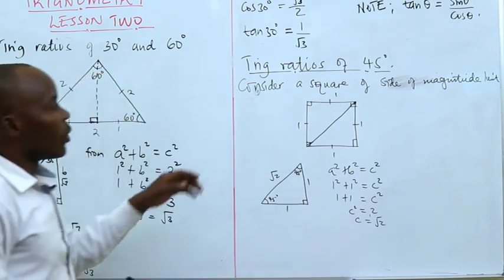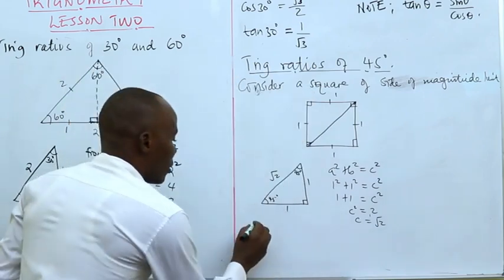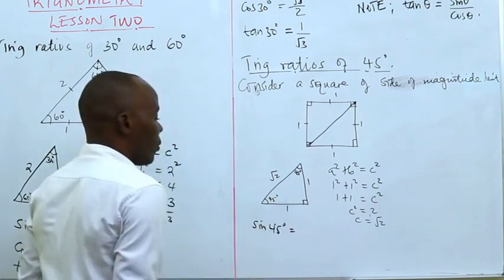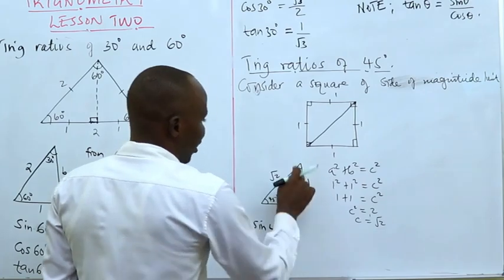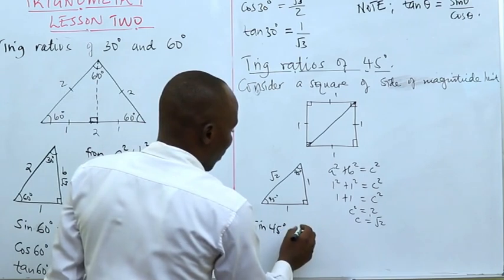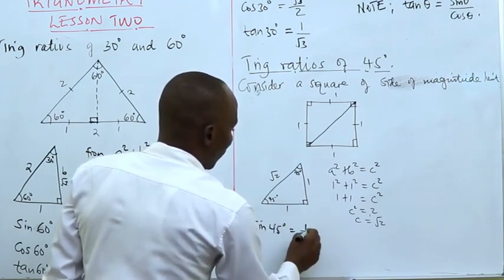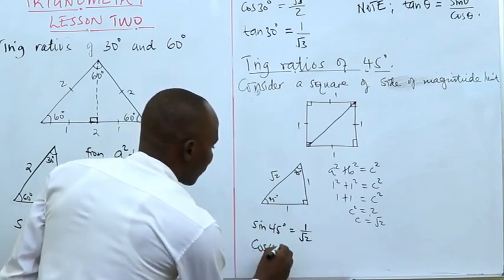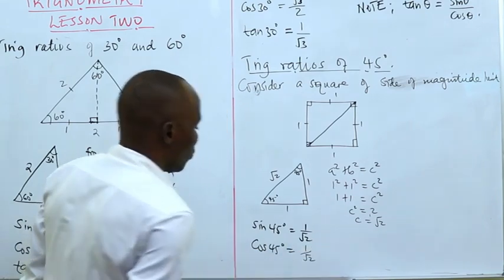So we are talking of the trig ratios of 45 degrees. That means we need sine 45. Sine 45, we have opposite of this angle, even if we use this because we have 45. So 45, we have opposite is 1 over the hypotenuse. Cos of 45 degrees, this one is also 1 over root 2.